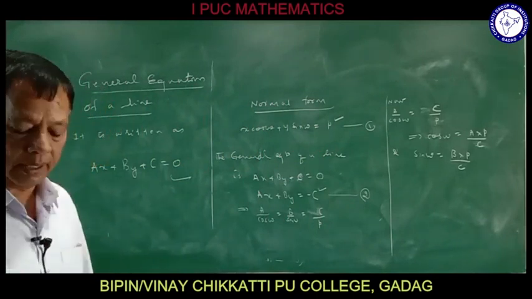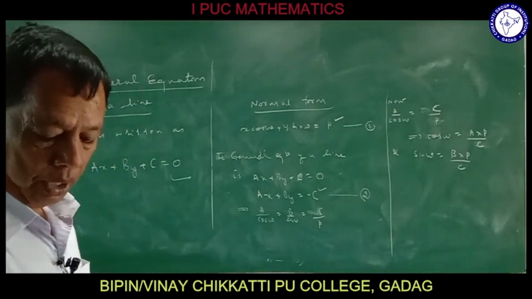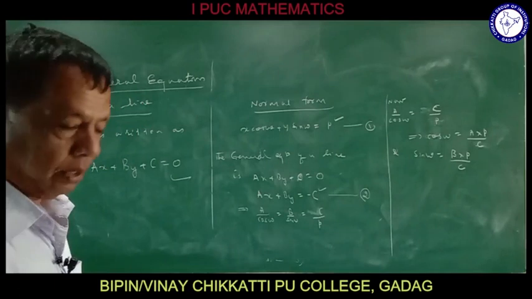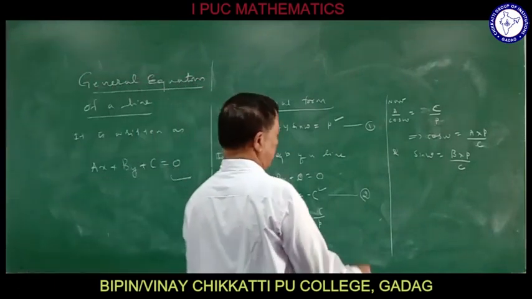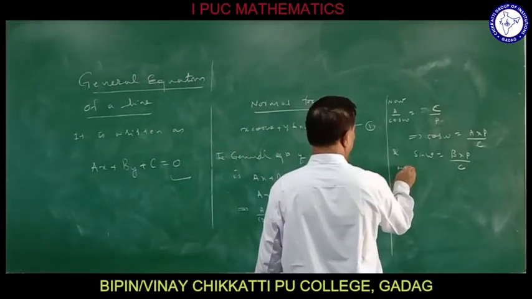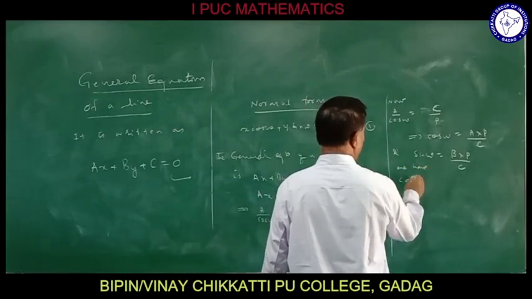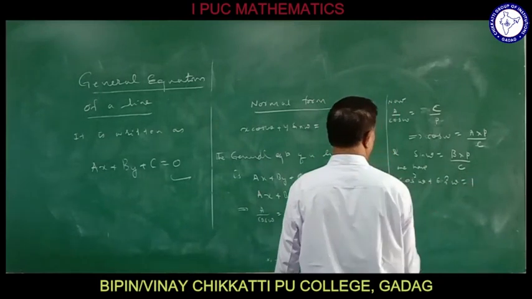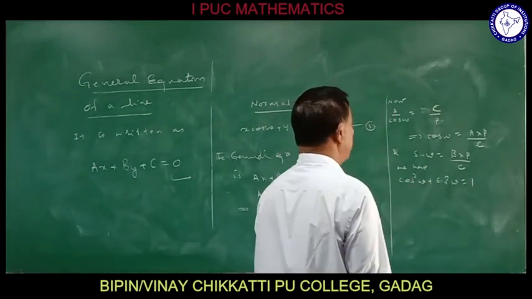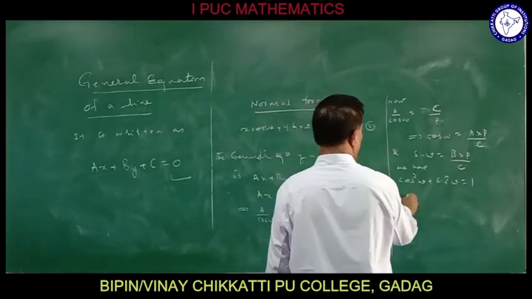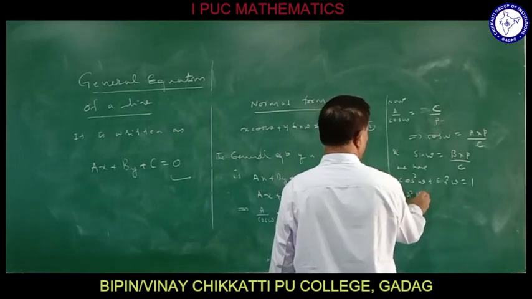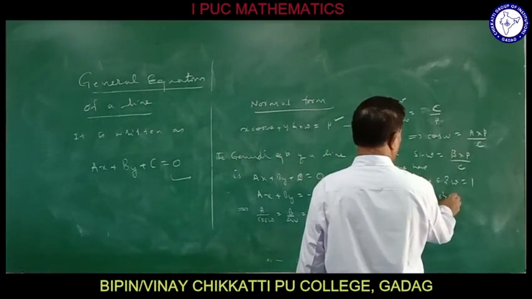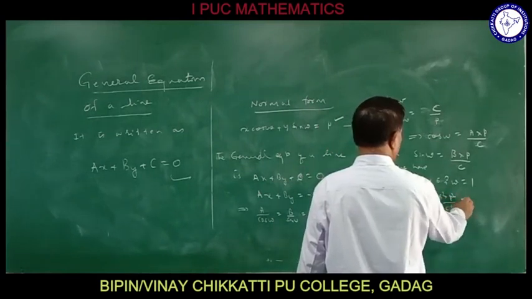So cos omega is a into p, and sin omega is b into p, divided by c, and you know that cos square omega plus sin square omega is equal to 1. And what is cos square omega? You have to see that a square p square divided by c square plus b square into p square divided by c square is equal to 1.